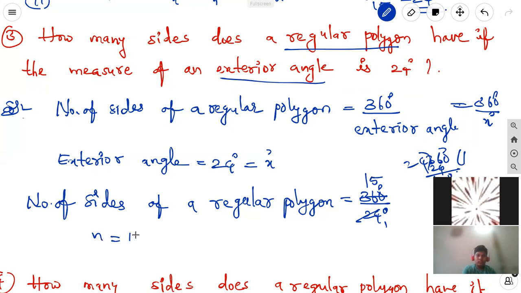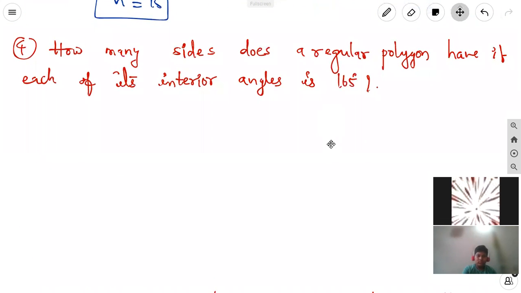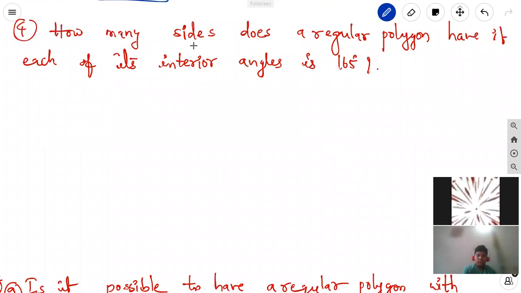So number of sides n equal to 15. Already we have found in the second B. Next, fourth question. How many sides does a regular polygon have if each of its interior angle is 160 degrees? In a regular polygon, each and every angle is same.